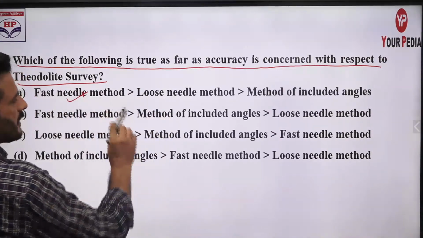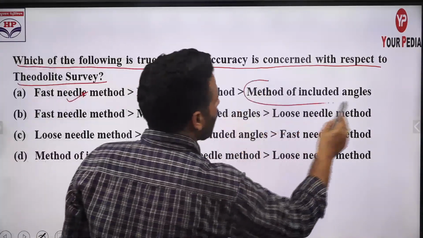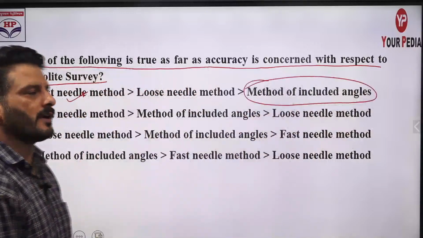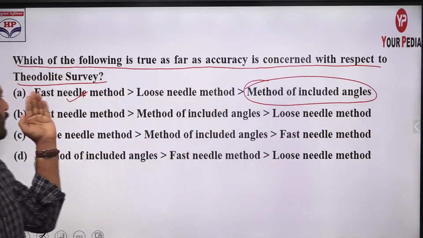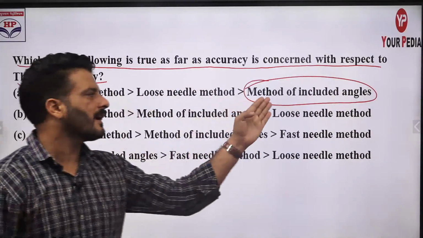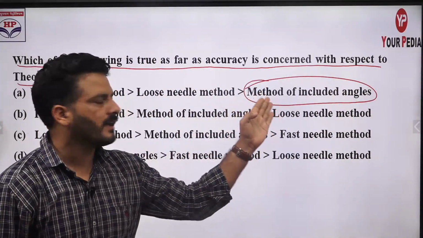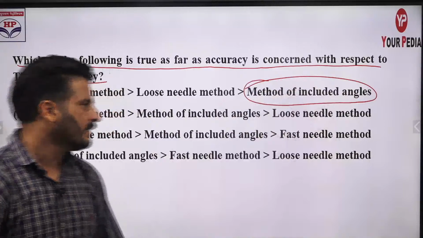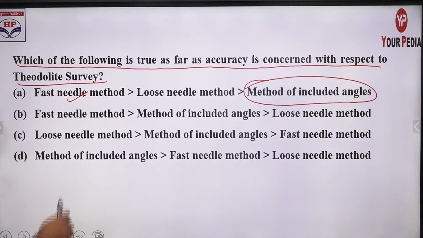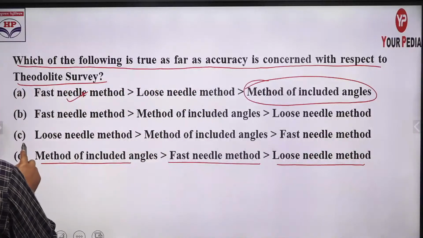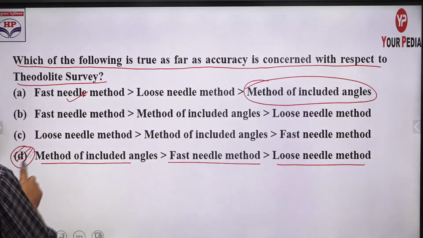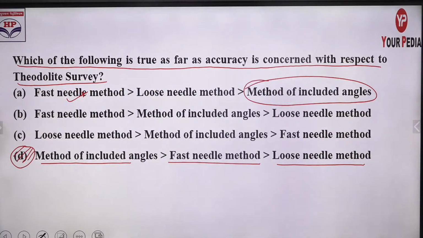This is true, but the method of included angle is most accurate. Among loose needle, also known as free needle method, fast needle method, and included angle, the most accurate is the method of included angle. After that fast needle, and after that loose needle. Option D will be the answer.